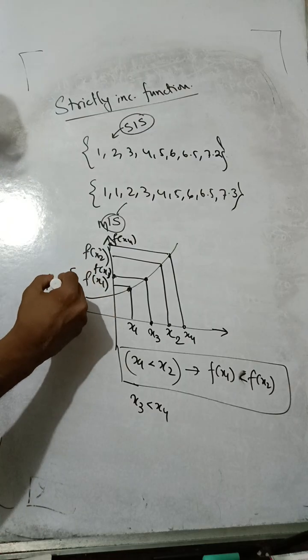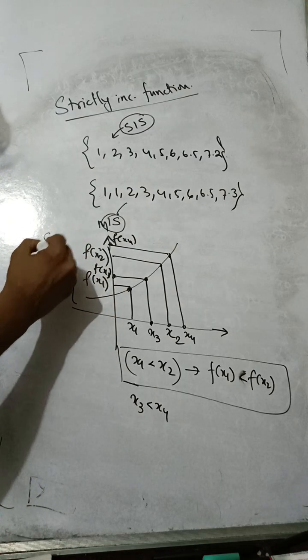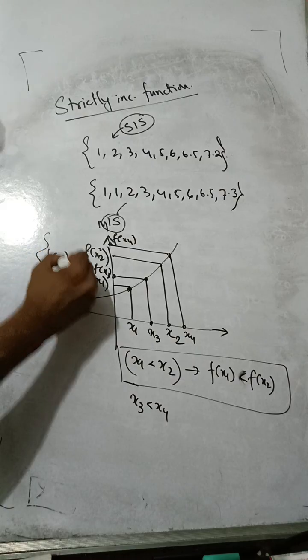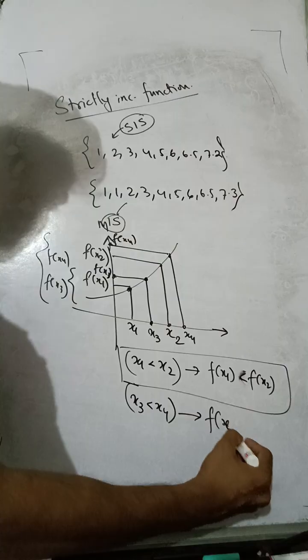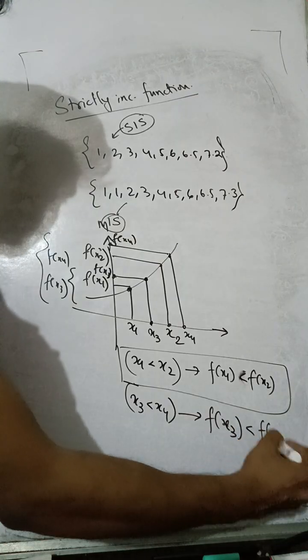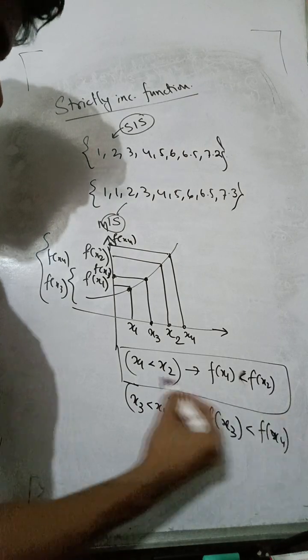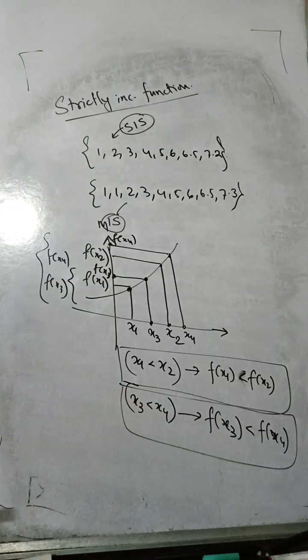Look, this is f(x3) and this is f(x4). So f(x3) is also less than f(x4). So this is basically an example of a strictly increasing function.